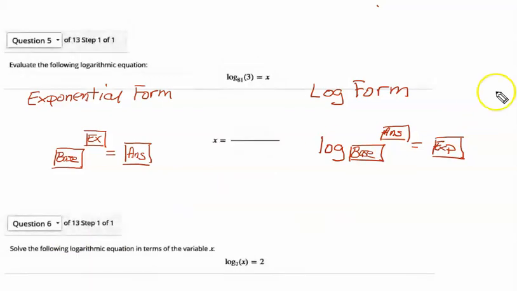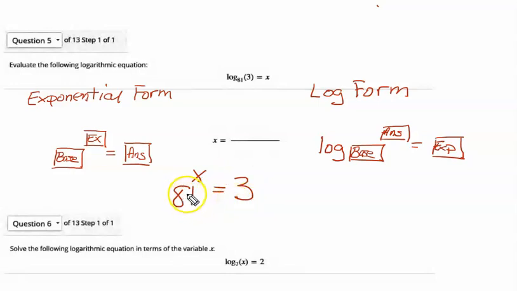In example 5, we're going from, again, logarithmic form to exponential form, and then we want to find a value for x. So our base is 81. Our exponent is x, and our answer is 3.